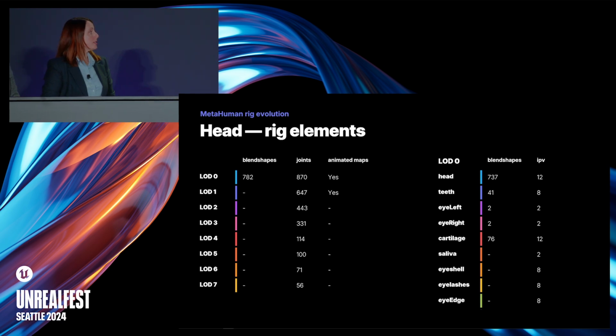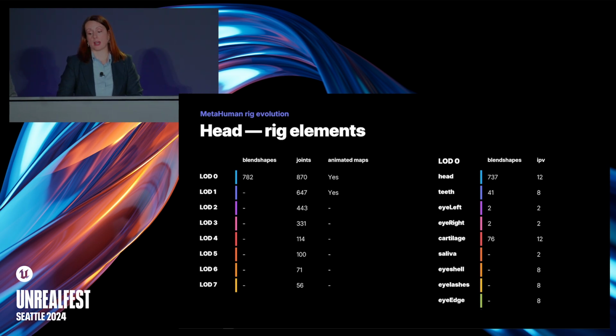Moving to joints, you can see how many of those are in the skin cluster per LOD, and for LOD 0, in the table on the right, you see how many influences each vertex maximally could have. Head and cartilage have 12.